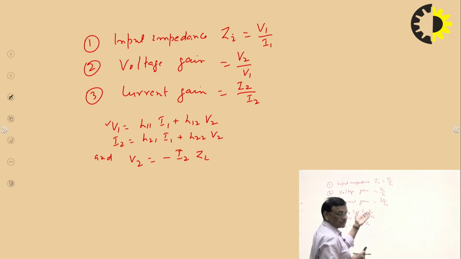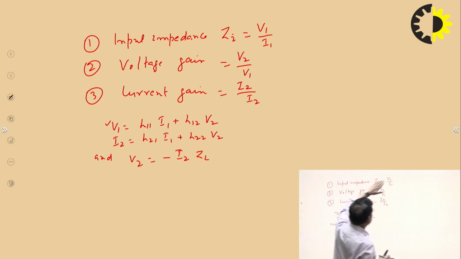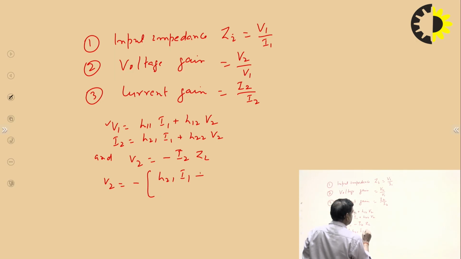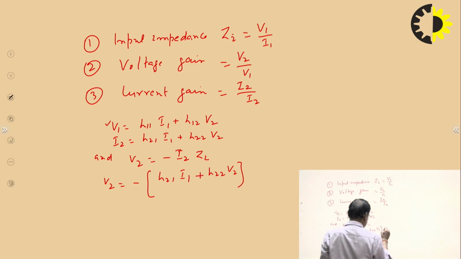If we replace V2 in terms of I1, then we can get this. Here V2 is minus I2 ZL, which is minus (H21 I1 plus H22 V2) into ZL.